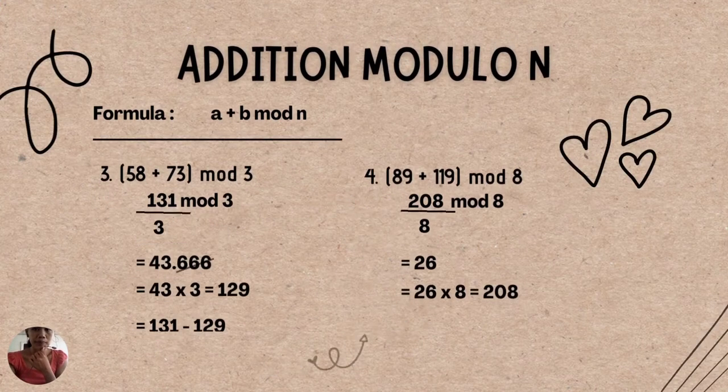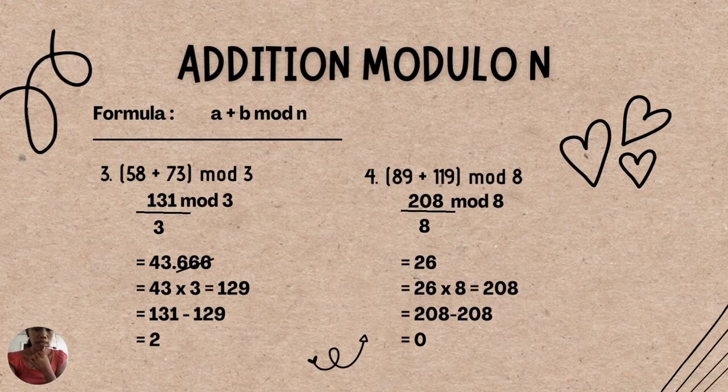Third example, 58 plus 73 mod 3. The result is 131, divided by 3 gives 43.67. So get the whole number, 43. 43 times 3 equals 129, and then 131 minus 129, the result is 2.